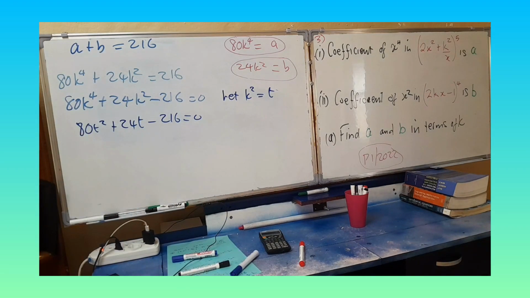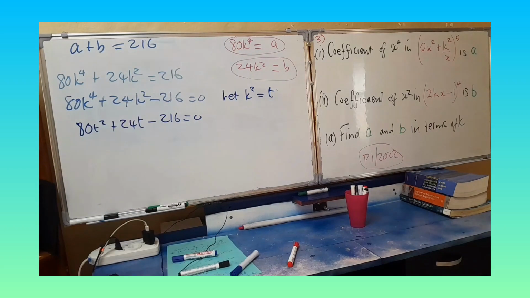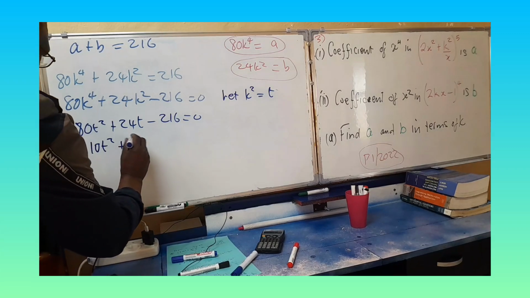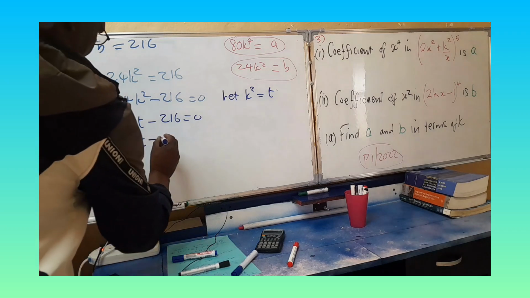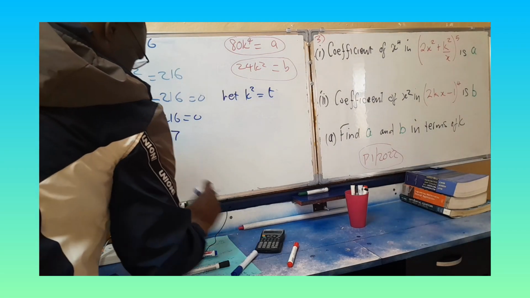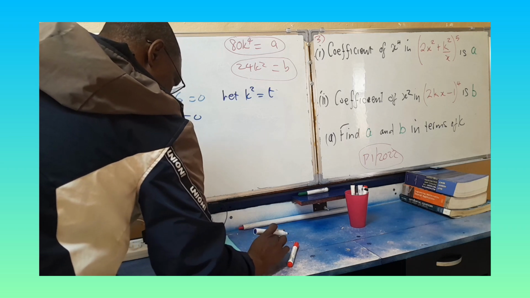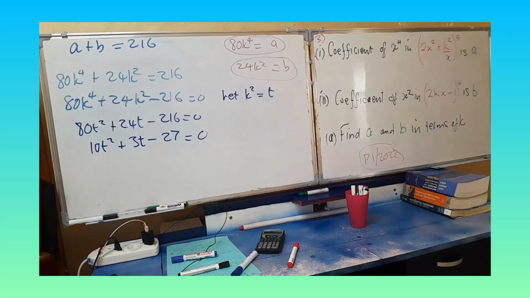Maybe we can divide by 8 there. Let's see if 8 goes into 216. 216 divided by 8, yeah, it does. It goes 27 times. So here it goes 10 times, 10t squared. Here it goes 3 times, so that's 3t. Here it goes 27 times, equal to 0.